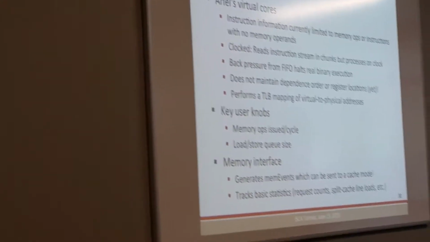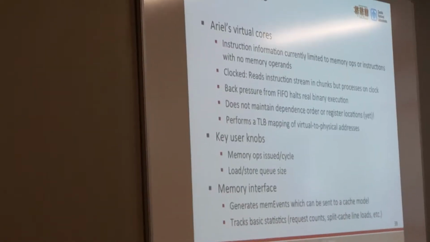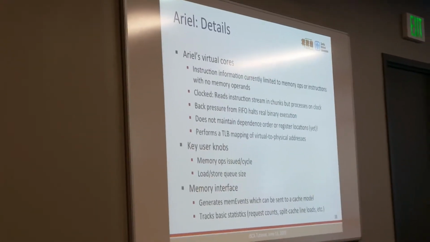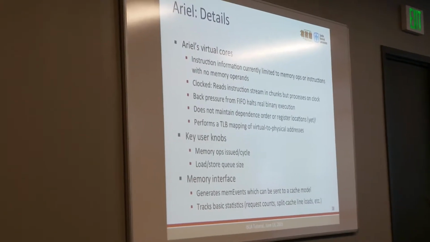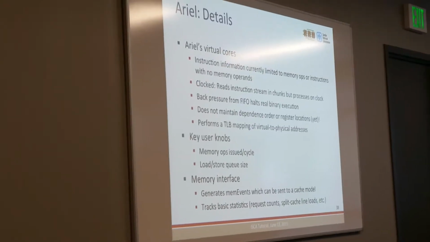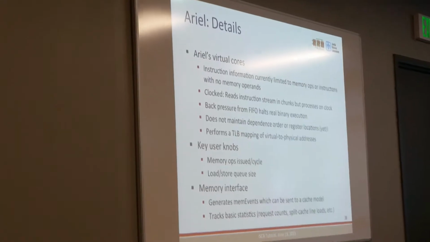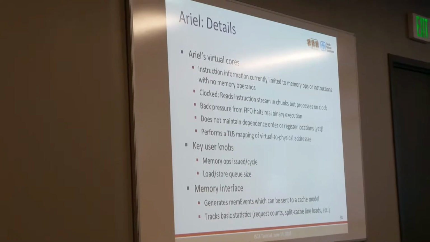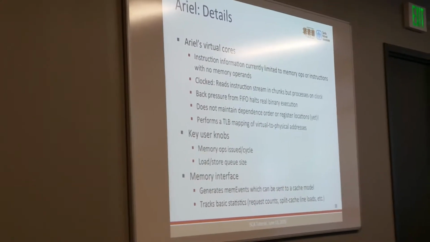Additionally, there's a mapping inside of the Aerial core to remap the virtual instructions from the application in different ways to SST. We can use this both to look at different effects of mapping memory to different memory controllers in SST, and also we're using it now to look at different multi-level memory allocation schemes. Inside of SST, Aerial connects to the memory interface, which generates mem events, a type of event which is passed between links to a number of different cache models.